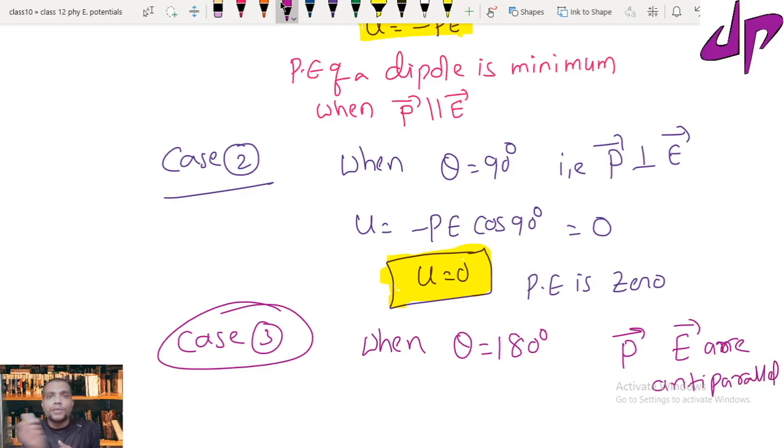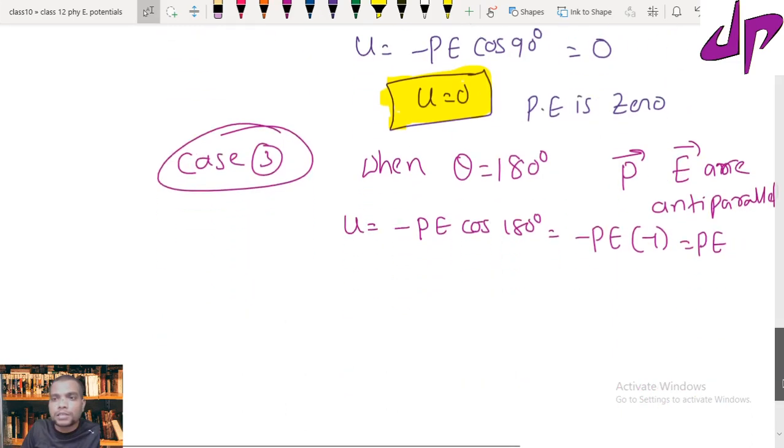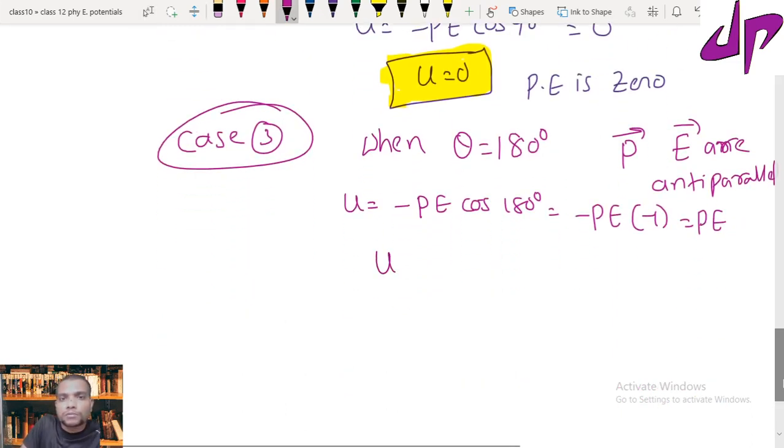So if the electric field is in this direction, the dipole moment direction should be opposite to the electric field direction. So in that case, the potential energy U equals minus P cos 180 degrees. Cos 180 degrees is minus 1, so minus P times minus 1 equals P. So the potential energy is positive.